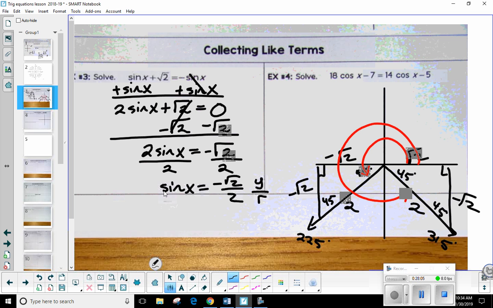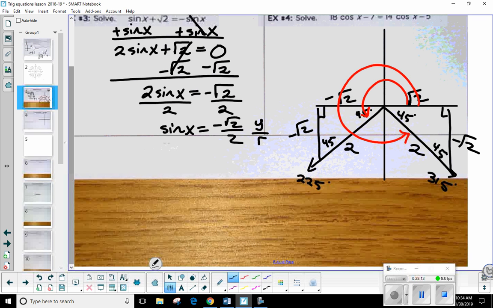Would you guys agree? Now just convert them. What is 225 degrees as a radian? 5 pi over 4, and x equals 7 pi over 4. Now, if I want the general solution, all the solutions, what am I forgetting? Plus 2 pi n.